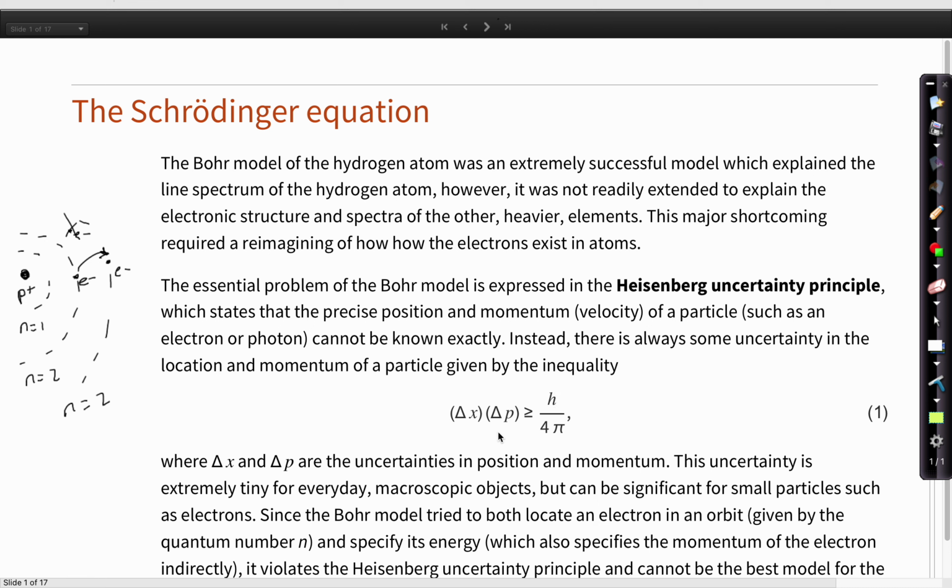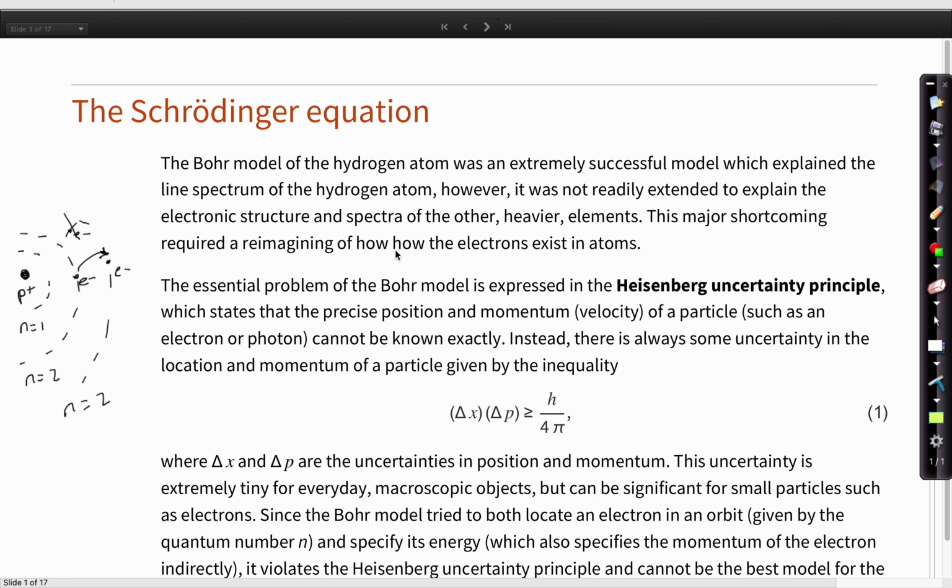So the uncertainty here can be quite small, and really it only shows up when we're working with small objects like an electron, where you're really trying to precisely define exactly where the electron is. Whereas if you're working with a baseball, the uncertainty is so small that you won't ever really notice or observe it in everyday sized objects.